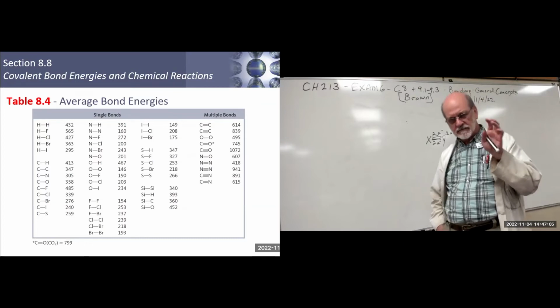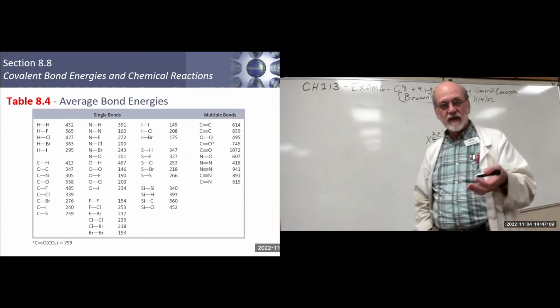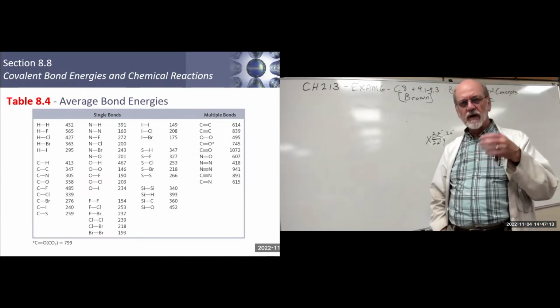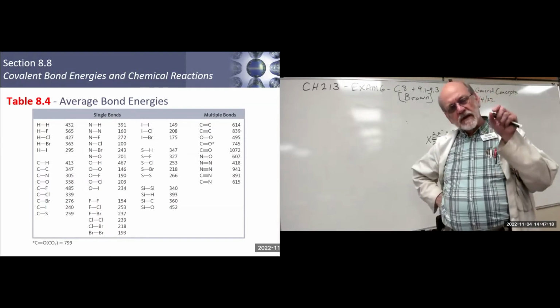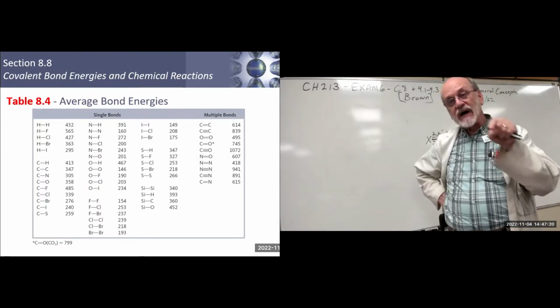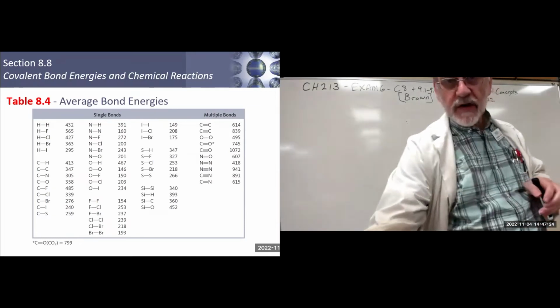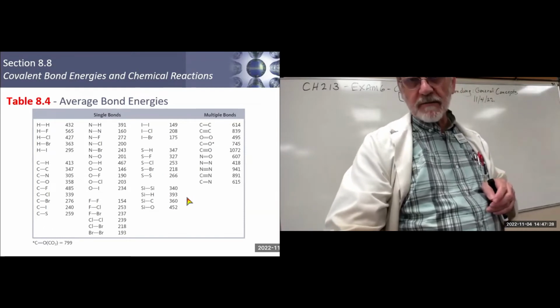Don't hold me to that, because there are no values given to it. I know it's in joules. It's either joules or kilojoules per mole of the bond. So it's probably kilojoules. The amount of energy that goes in to break that bond. Okay, we've got single bonds over here. We've got some double bonds and triple bonds over here.